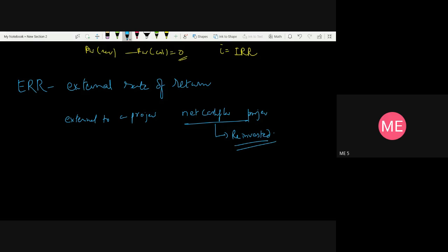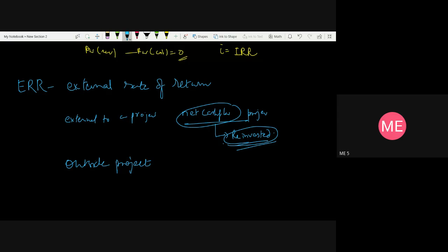So the rate of interest, or return, that we are going to get external to a project, at which the net cash flows generated by the project are reinvested, is called the external rate of return. In other words, ERR is the rate of interest available outside the project in the real world, which makes it attractive to withdraw revenues from the business and invest somewhere else.